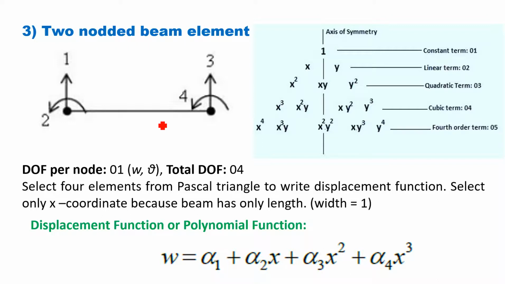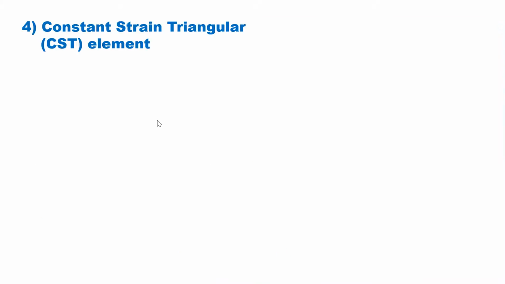Just because of this, in all these 3 elements, the axis of symmetry is disturbed. But when you write down the displacement function for 2D elements, you have to take care that axis of symmetry must be maintained. So we will see some examples of 2D elements also.